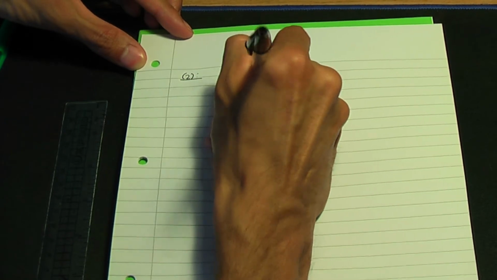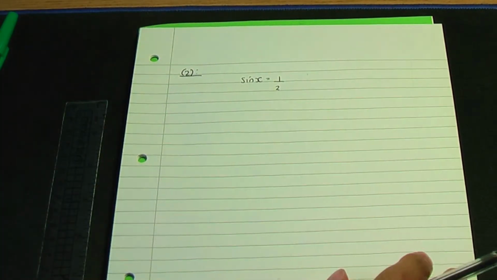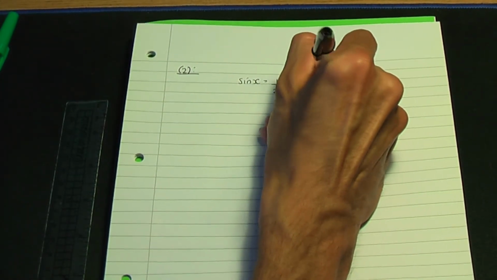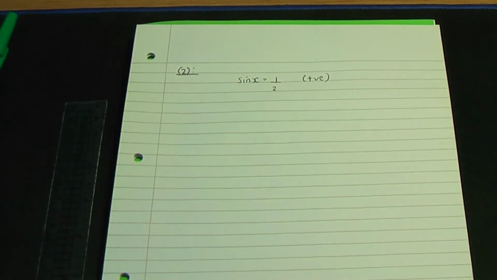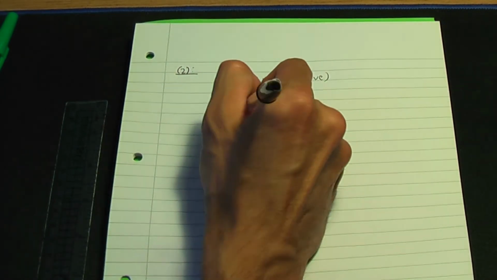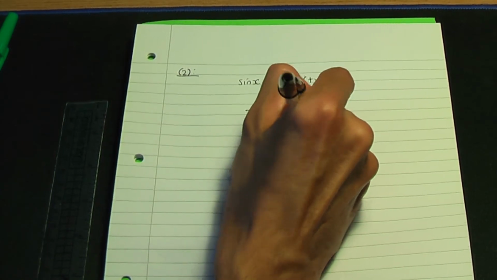Let's go to equation number 2. Equation number 2 is sine x is equal to half. Half on the right hand side is positive, so that gives us an indication where to plot our principal value. We need to plot our angle where sine is positive, and x is the inverse sine of half.